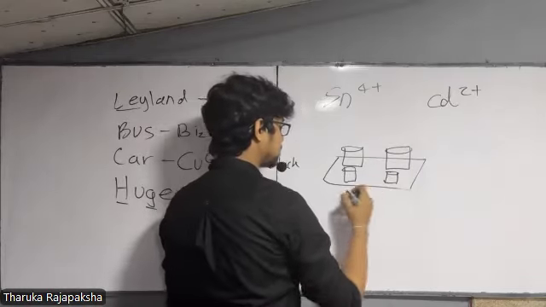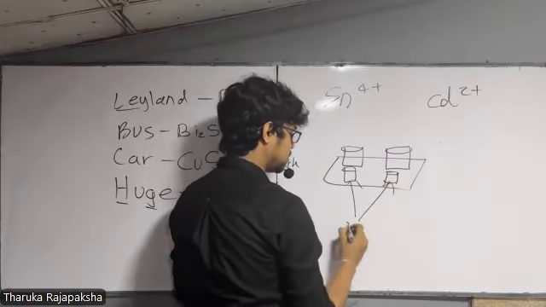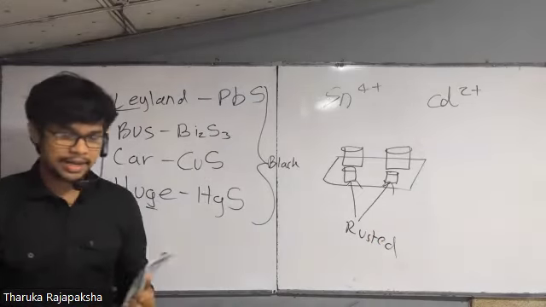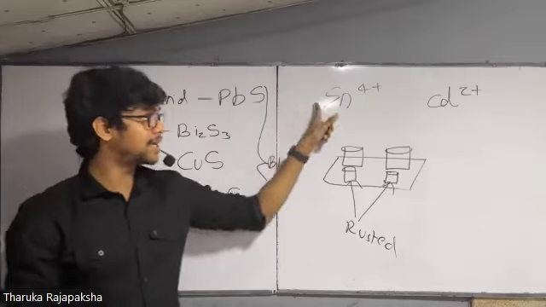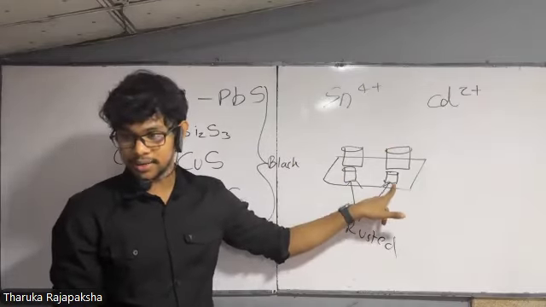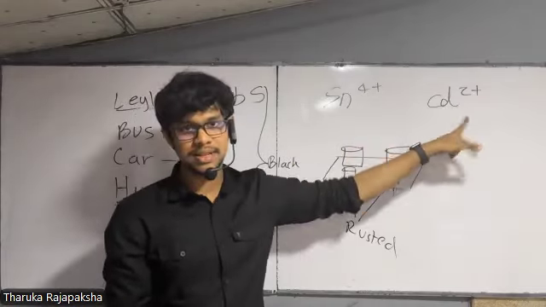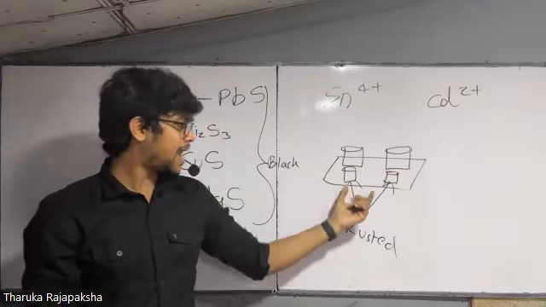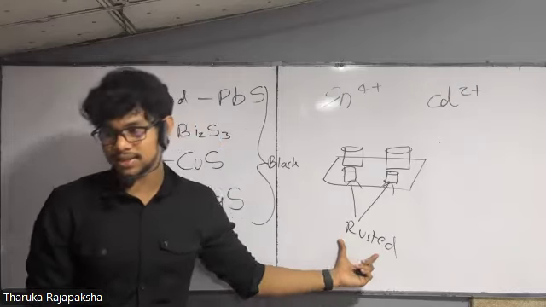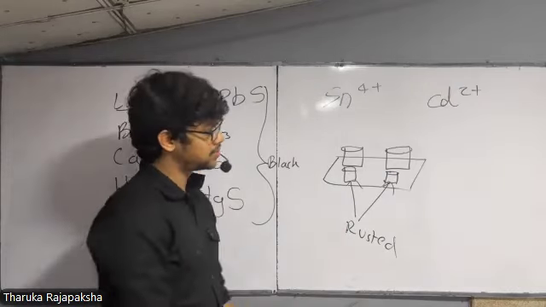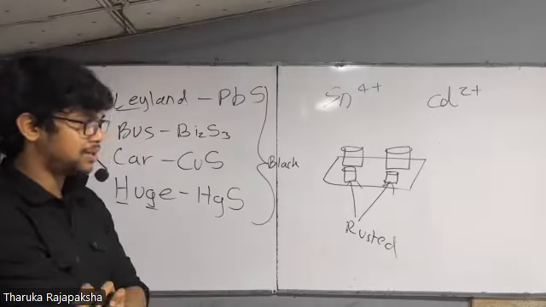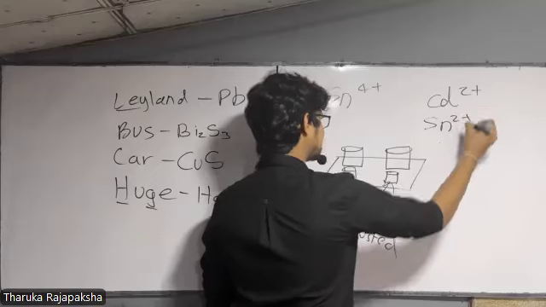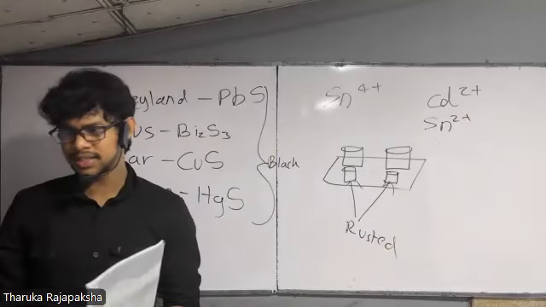2 tins are rusted. Okay, what did I tell now? There are 4 tins. So tin plus 4 oxidation state. 1 tin or maybe 2 tins. So cadmium 2 plus. So 2 tins contain cardamom. And 2 tins are also rusted. What does that mean? Sn2 plus. Now why rusted? What's the color of rust?